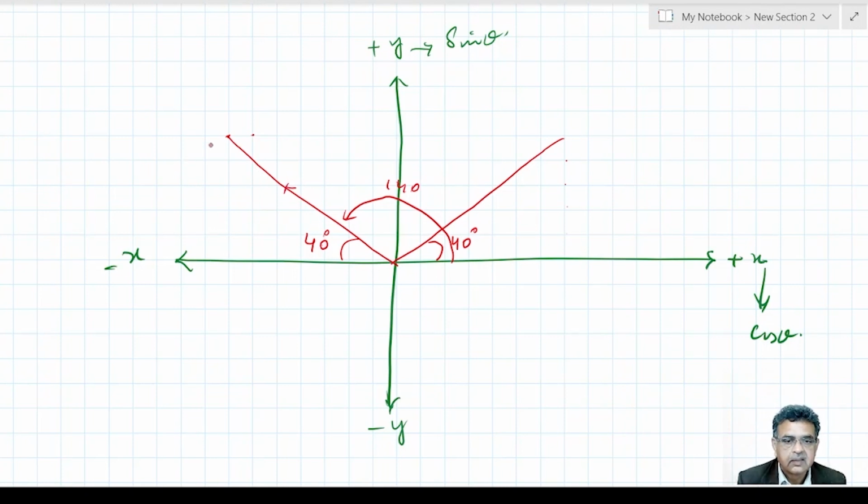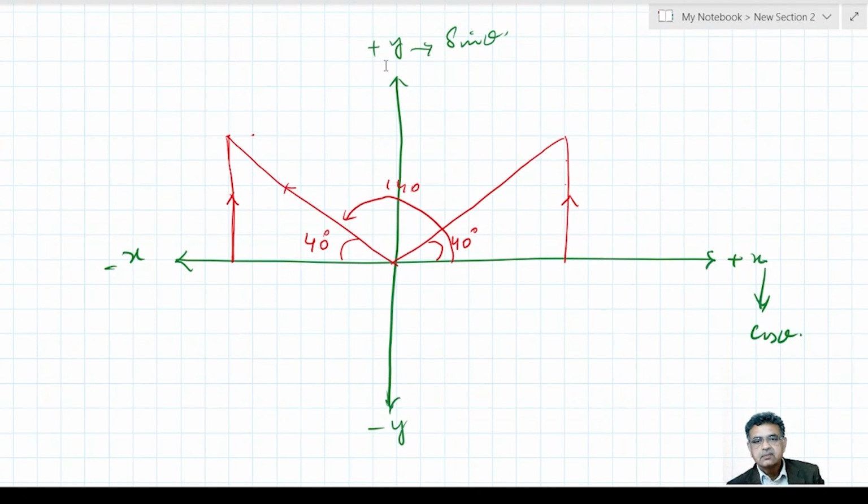you can see that whatever is the value of y here, there is the same value of y on this side, and both are upright, upwards. So that means the value of sine does not change for the angle 40 degrees. If this angle is 40 degrees, this is the value of y.